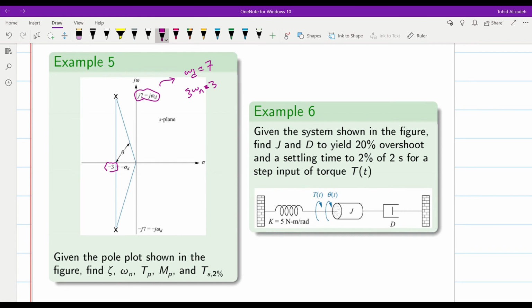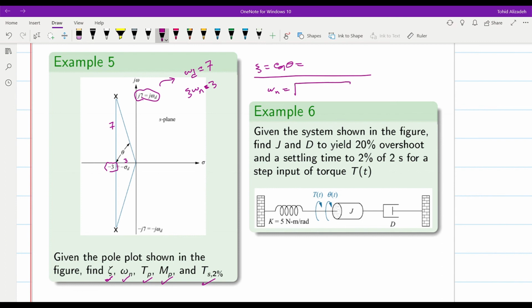And we want to find out the value for zeta, omega n, TP, MP, and settling time. We can find the value of theta. We know that zeta is equal to cosine of theta. So here we have 3, we have 7. We can find out the value over here, or omega n.